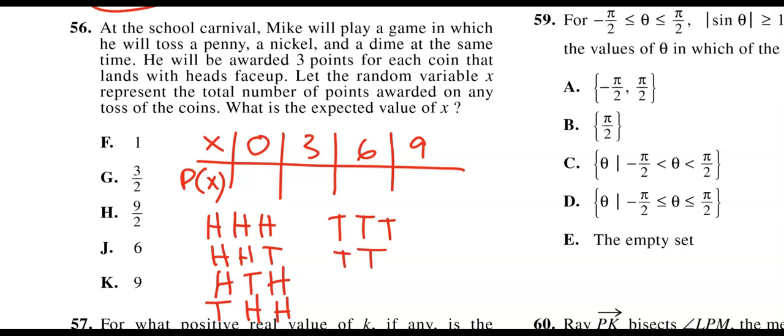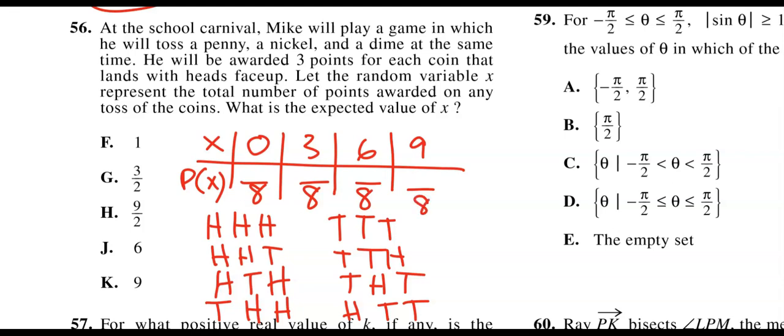If you'll notice, I am just moving the one item over one at a time as I go through this. There are 8 different possible options, so each one of these probabilities is over 8.